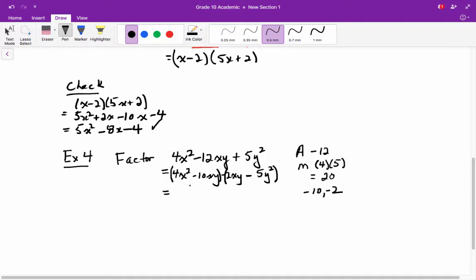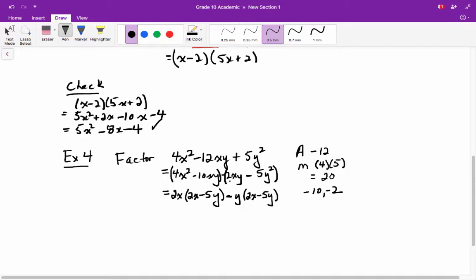And as we have in all the other examples, we're going to common factor out each group. So 2x is common, leaving you with 2x minus 5y. And in the second bracket, they both have a y, and that's going to leave you with 2x minus 5y.